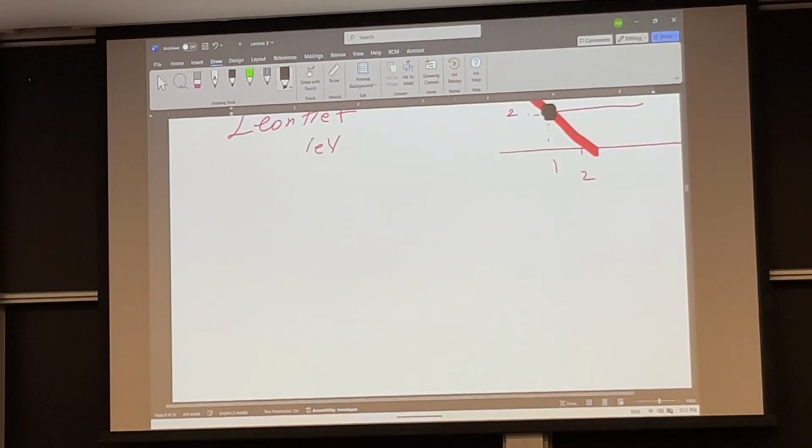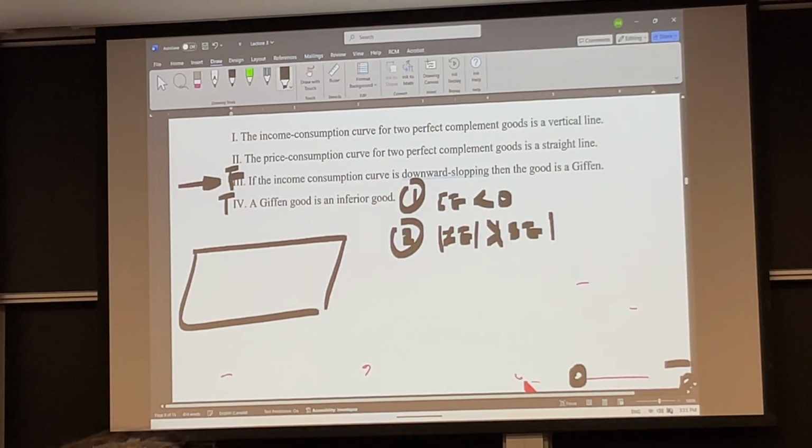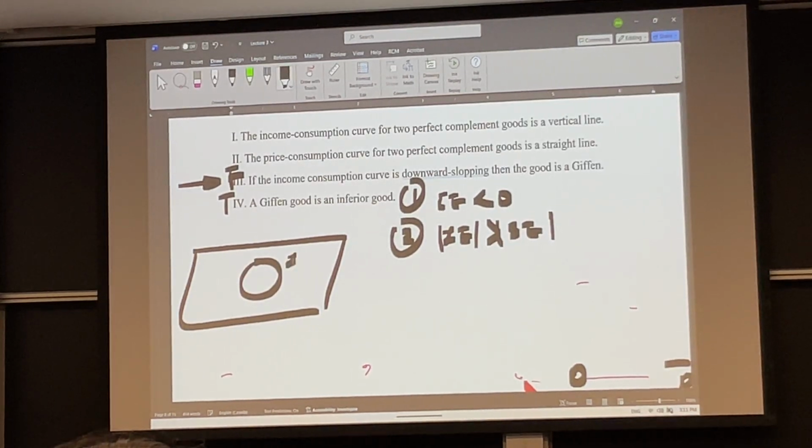Let's see how it works. This is the wall of goods. This is all of the goods in the wall. Very small part are actually inferior. Very small part of the inferior are given.